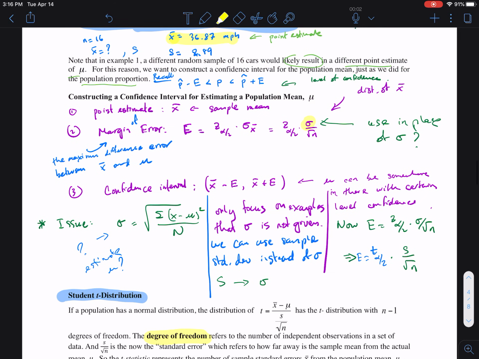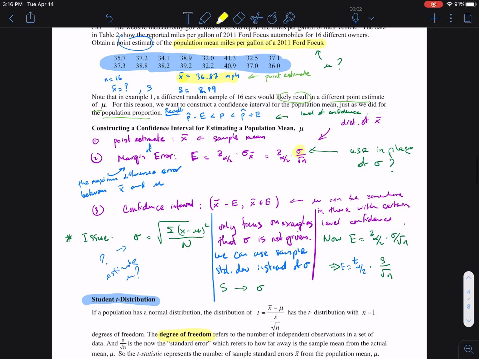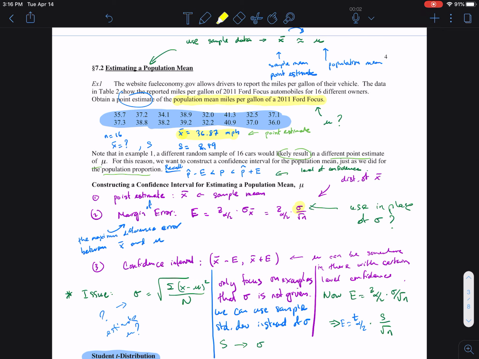So that's pretty much what's going on with this lesson: we just continue on from 7.1. Instead of estimating a population proportion, we're estimating a population mean. With the population mean, we don't know what the standard deviation would be for the population, so we use our best estimate, which is the sample standard deviation.